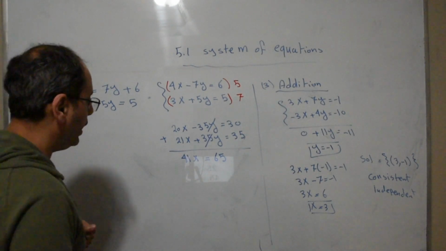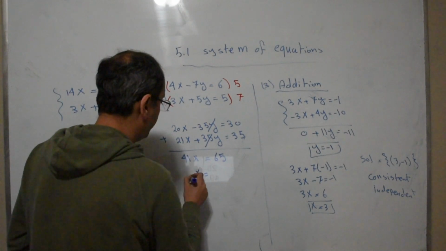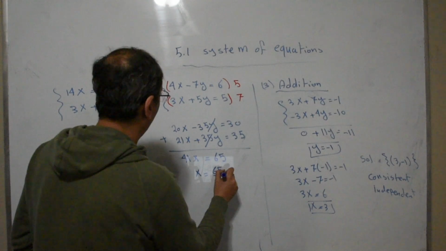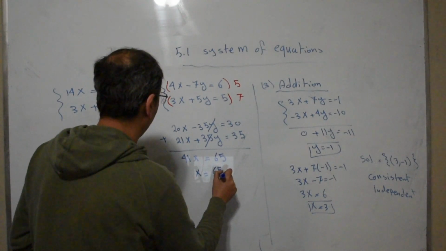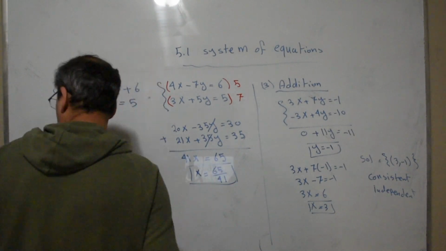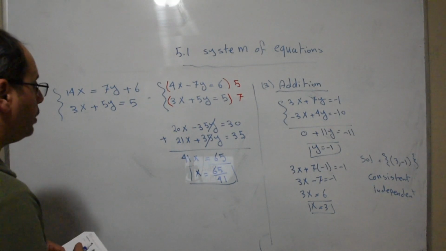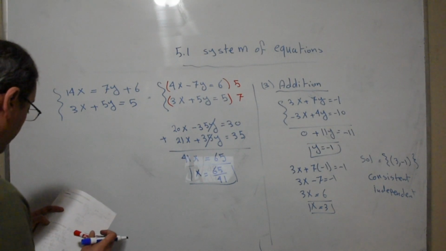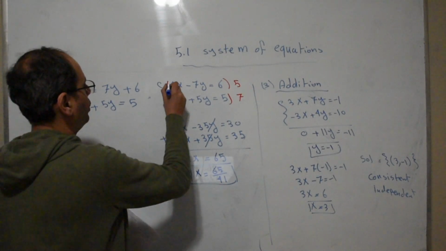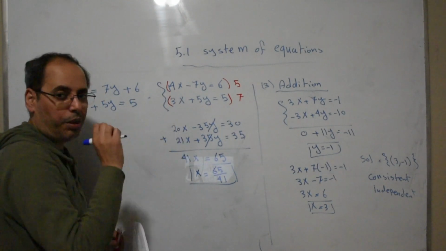So now for x, I divide by 41, so I have 65 over 41. Okay, I think I missed a number here, so that should be 14. I just miscopied the problem.